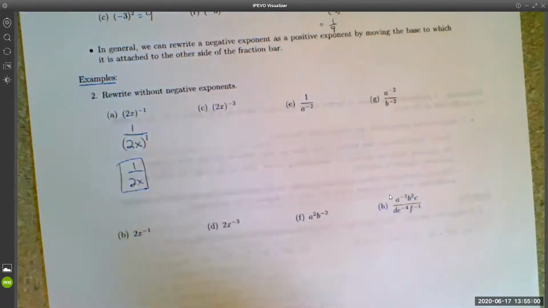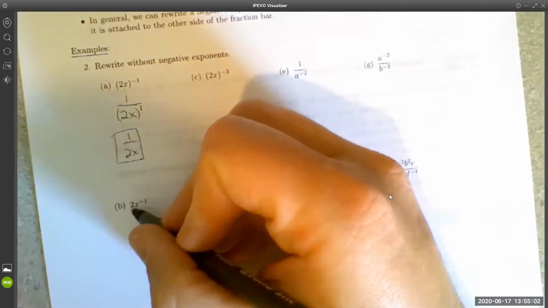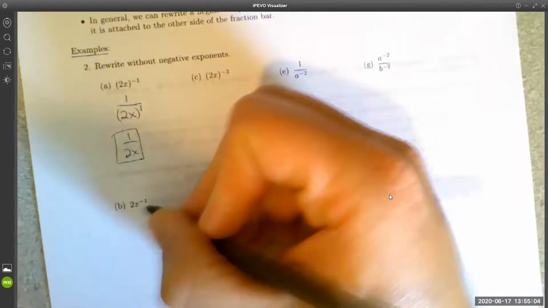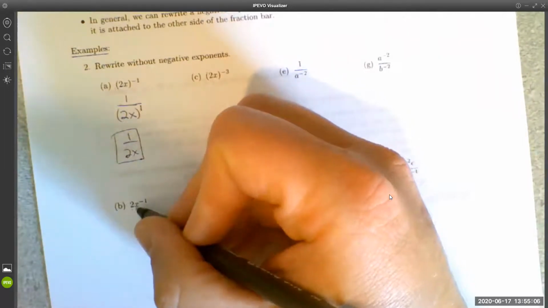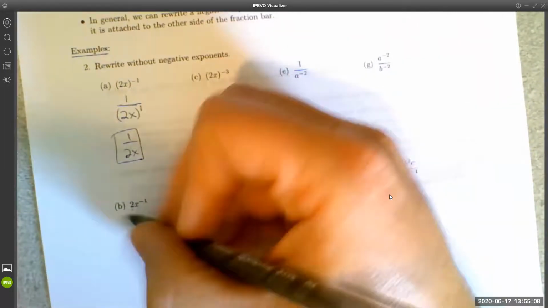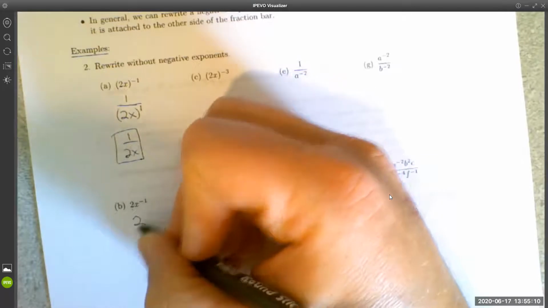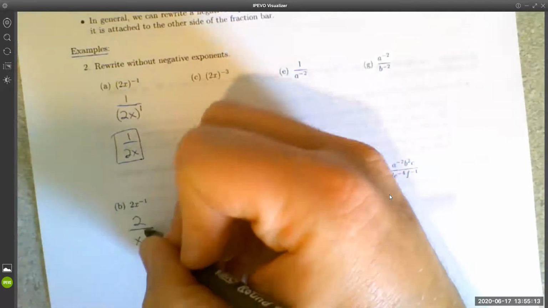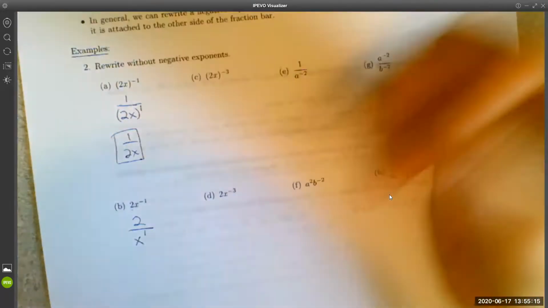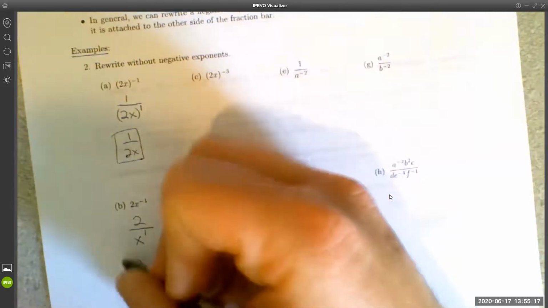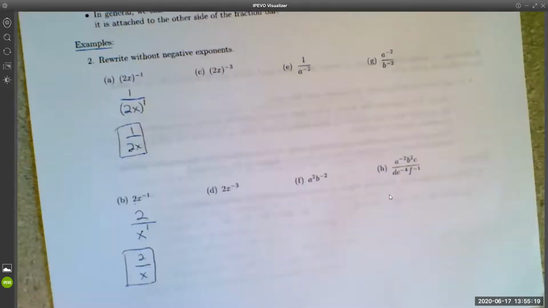In part B, on the other hand, the 2 is not being raised to the -1 power. Only the x is being raised to the -1 power. So the 2 stays in the numerator while the x moves to the denominator, and we make the exponent positive. So 2 over x is what part B should look like. Okay, so make sure that you really have a good grasp on the difference there.